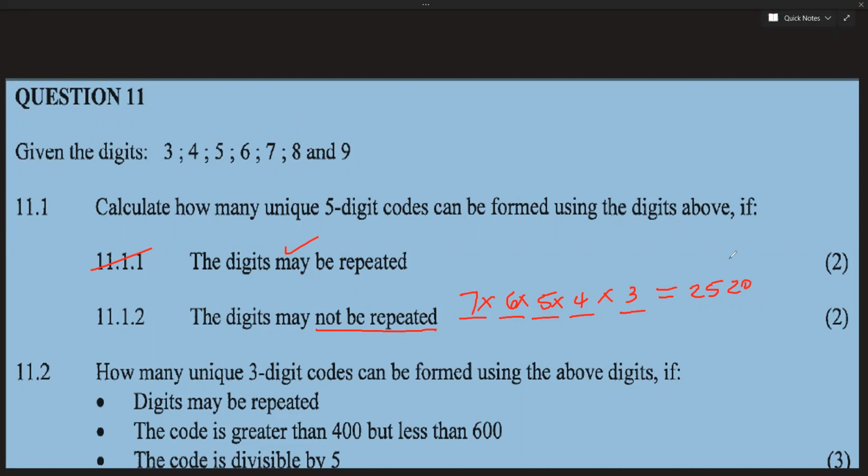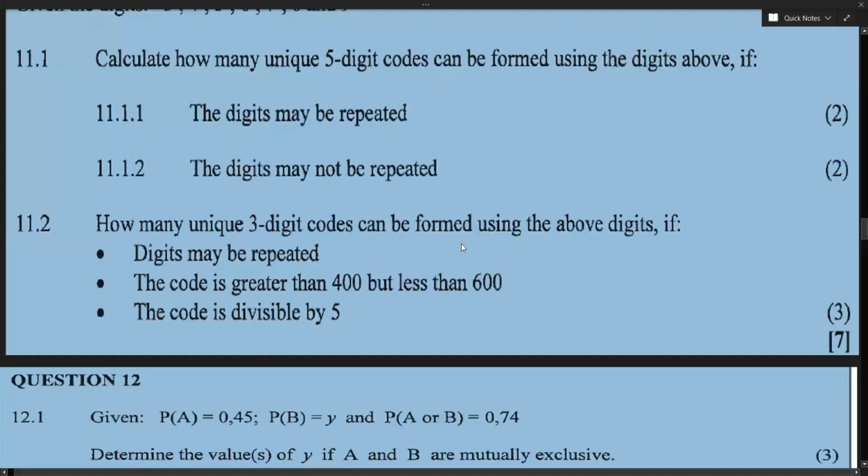Okay, perfect. Then now we're going to 11.2. Okay, so on 11.2, they say, how many unique 3-digit codes can be formed using the above digits?